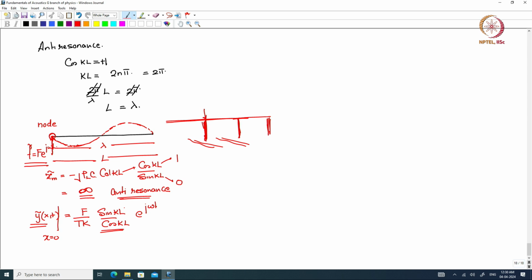If I try to drive it over here, I will not be able to drive it, whereas in between these two support points, if I drive it, I can get a response over here, right. So, this forcing agent is sitting on such a location that it is not able to drive it. Okay.